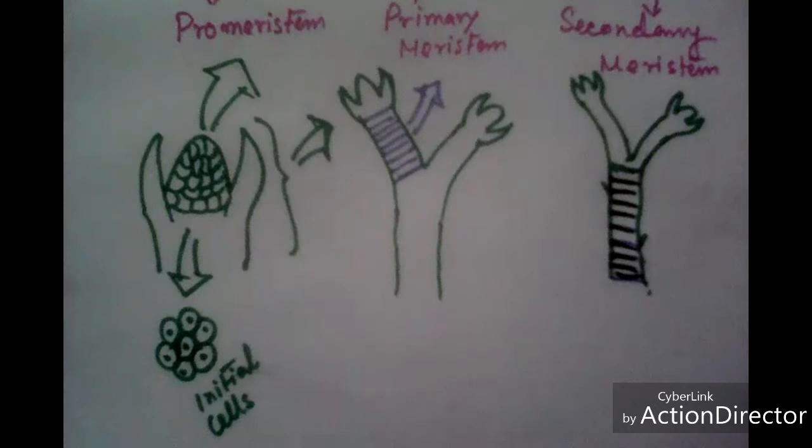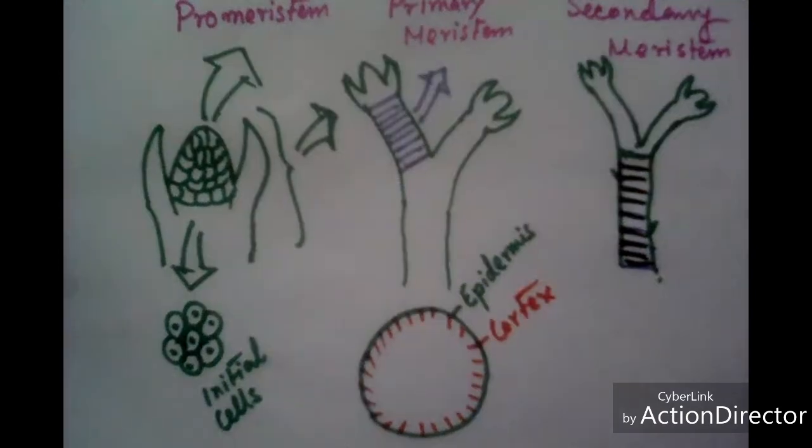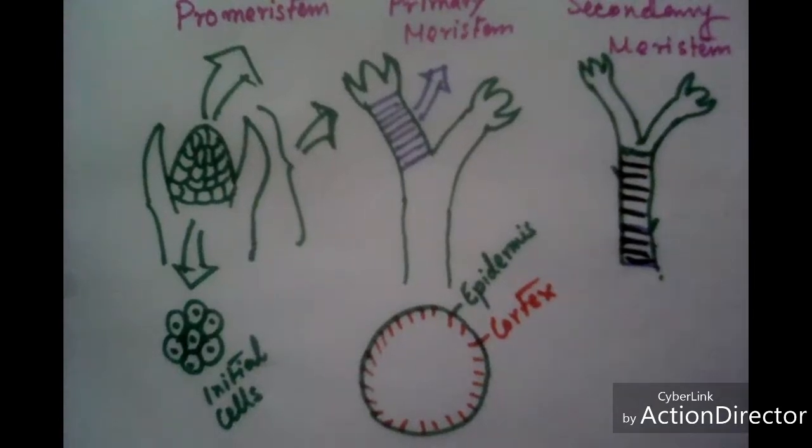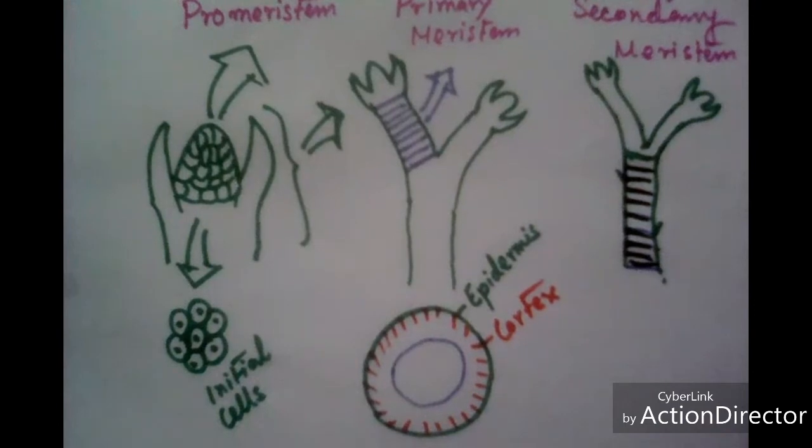Next to the epidermis is the cortex region, where cells may be parenchymatous or collenchymatous type. Next to the cortex zone, the primary vascular bundle is present, and we know the primary vascular bundle contains vascular cambium, phloem and xylem.